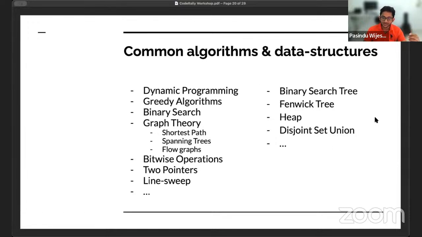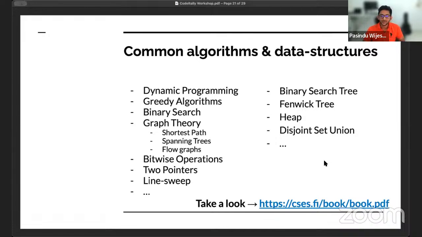And the same goes for data structures, right? There are tons of data structures, so start with what you know right now. And I would recommend you to, again, read this book. Put this on chat. So this is called the Competitive Programmer's Handbook.